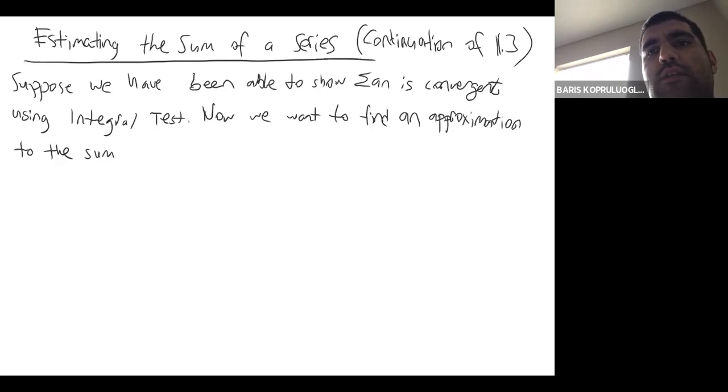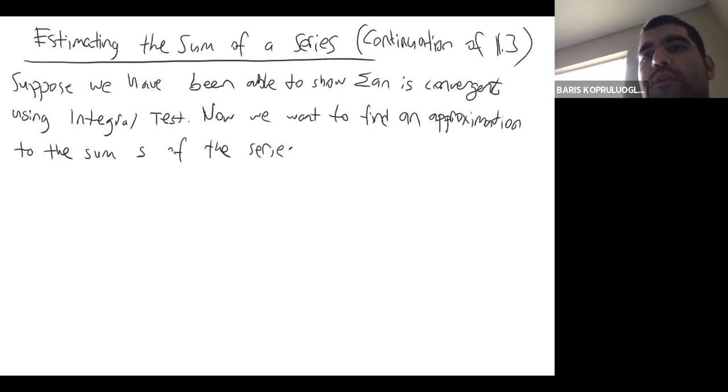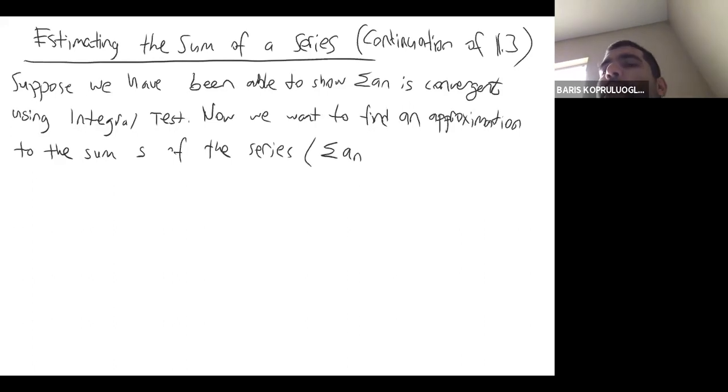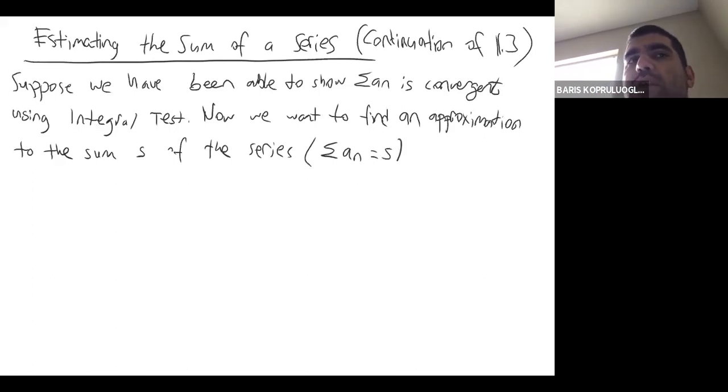Let's call it S, the sum of the series. It means that if you add up all the terms of the sequence, in other words the sum of the series, it gives us S.